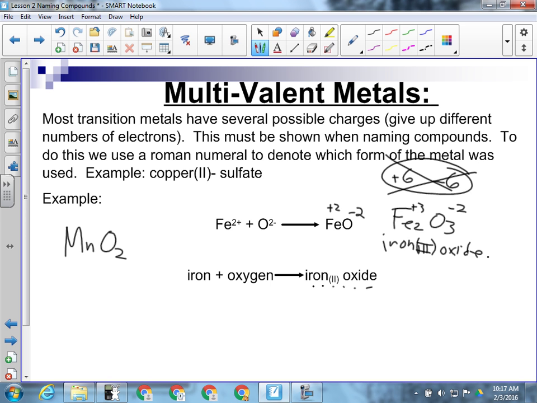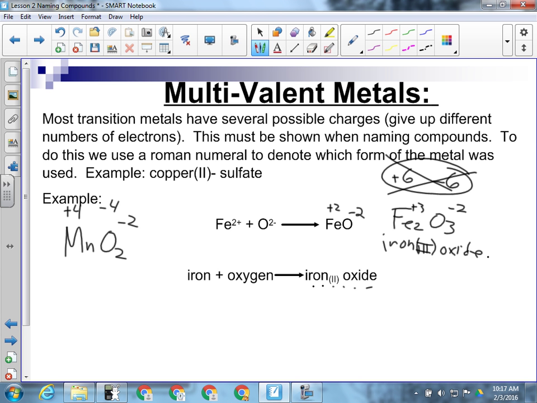Okay? So, this stuff, okay, is manganese 4. If I just reverse the swap and drop, I would say that this is manganese 2, but I'd be wrong. Okay? Every oxygen has a charge of -2, and there's how many of them? 2. So how many negative charges do I have? 4. Okay? That means this single manganese has to have a charge of +4.